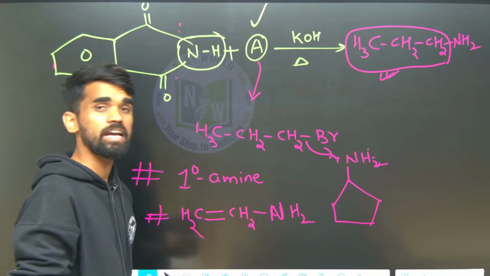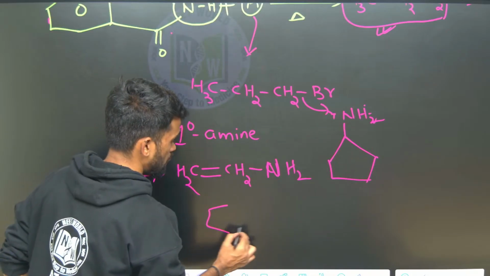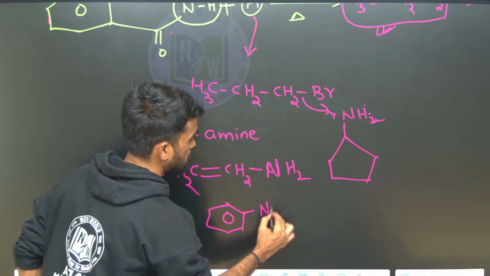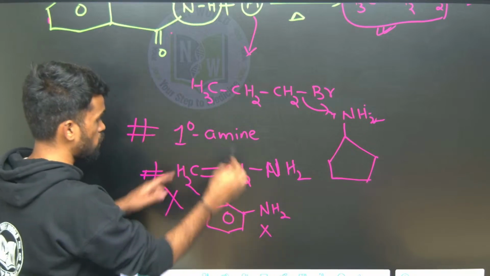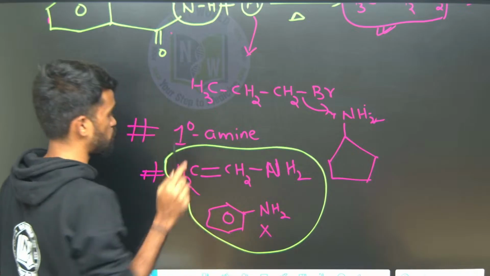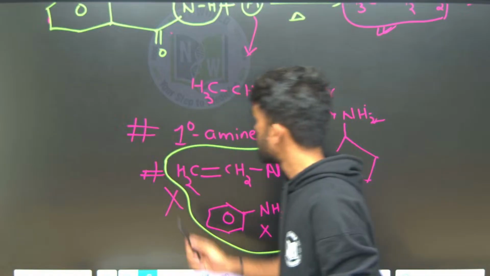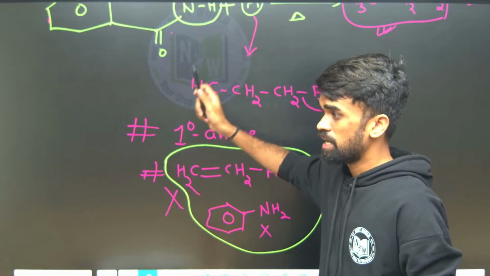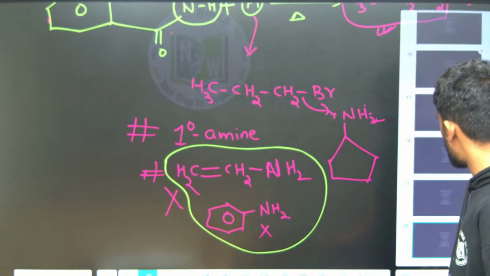Therefore this kind of product is not obtained, and products like aniline are also not prepared using this reaction. Hope it is clear. Limitations I have discussed, mechanism I have discussed, examples I have discussed, and PYQs also discussed regarding this Gabriel phthalimide.